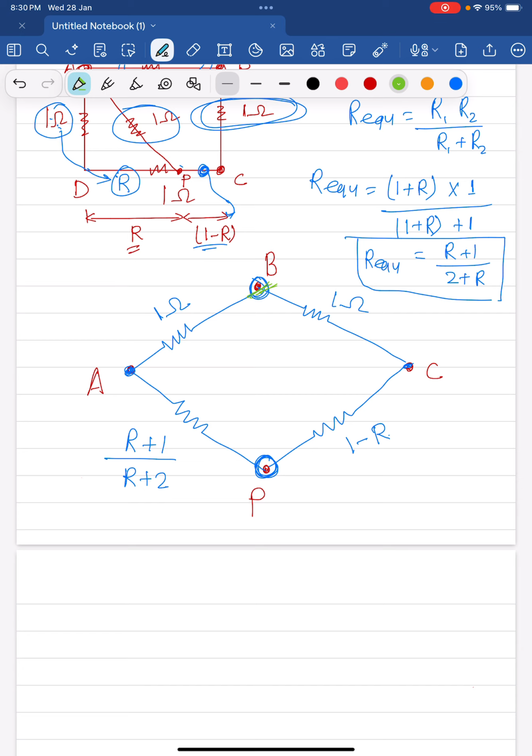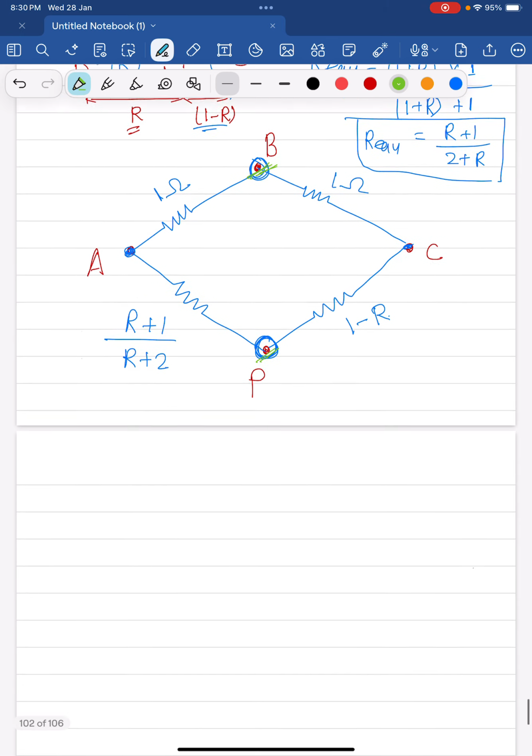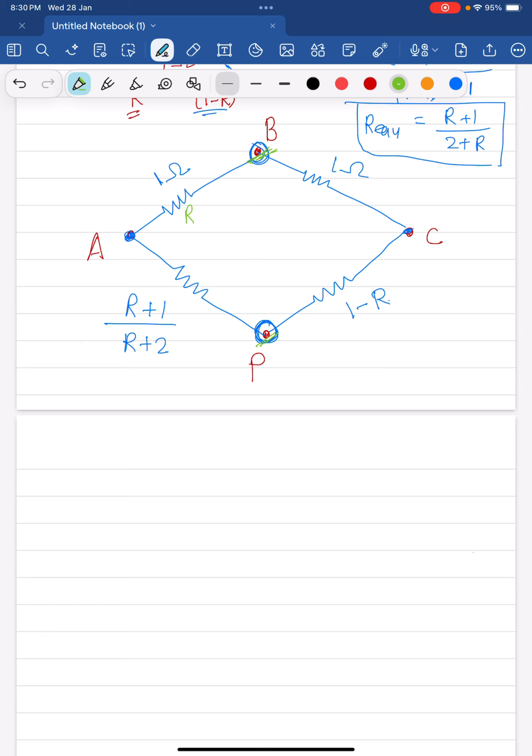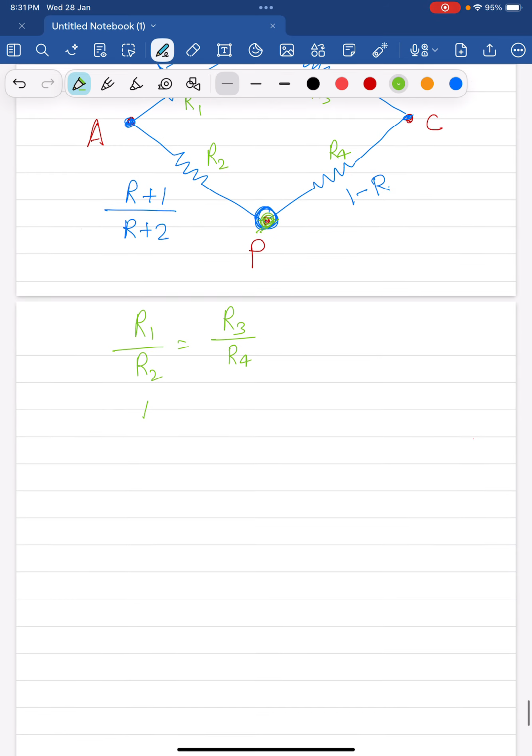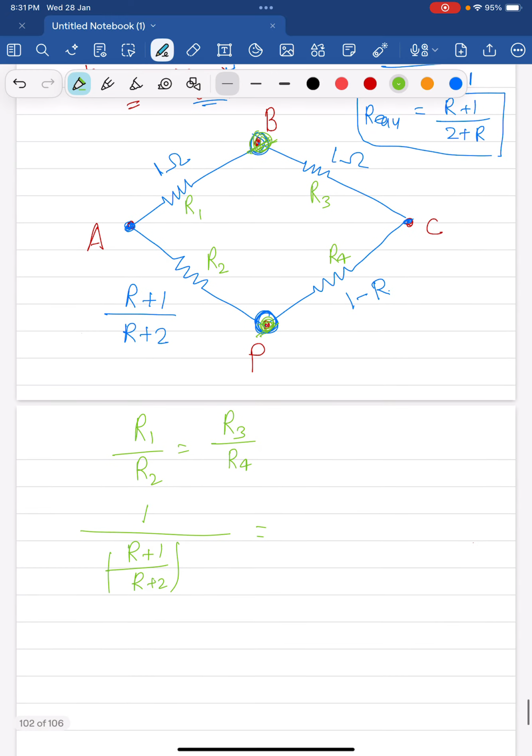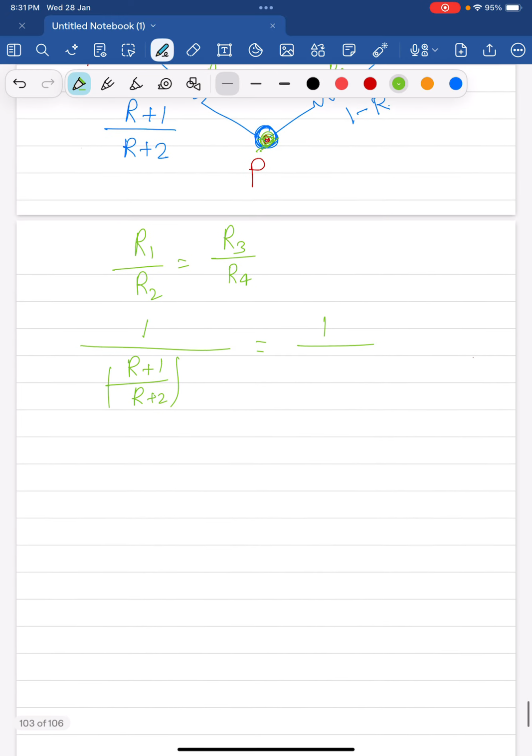If potential of B point and P point is same, it means ratio of R1 and R2 is equal to ratio of R3 and R4. So value of R1 is 1, value of R2 is R plus 1 divided by R plus 2, R3 is 1 and value of R4 is 1 minus R.